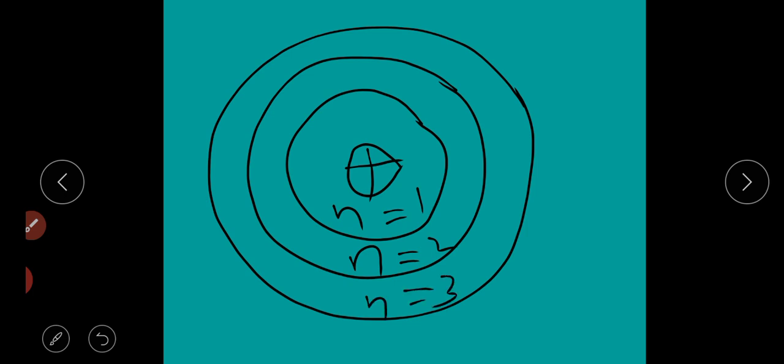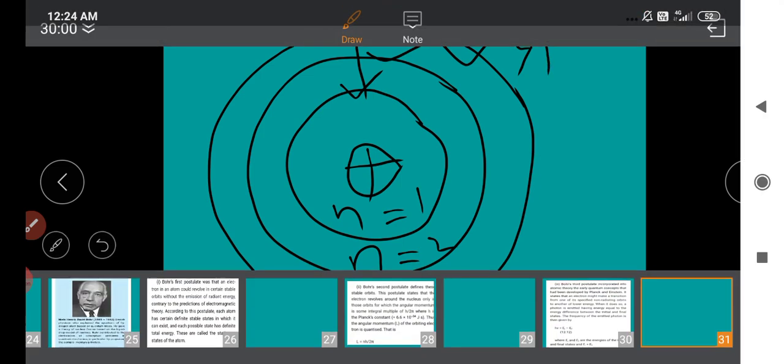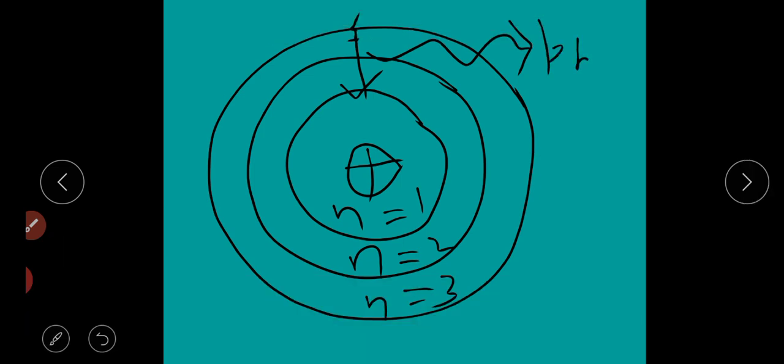When the electron makes a transition from n equal to 3 to n equal to 1, during this transition the energy is emitted in the form of a photon. The photon is emitted with the energy E is equal to h nu.